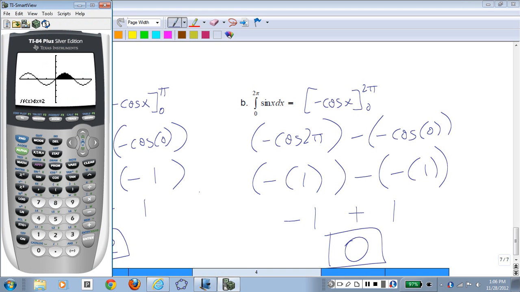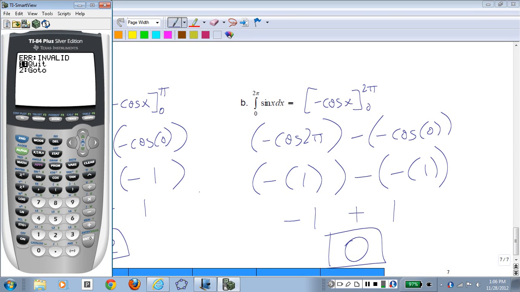So if we redo it, second calc 7, 0 for the lower limit, 2 pi for the upper limit. What did I do? It keeps on giving me an error. Oh, I think I know why. When it does the zoom trig thing, 2 pi is just a little bit more than the right edge of the window.